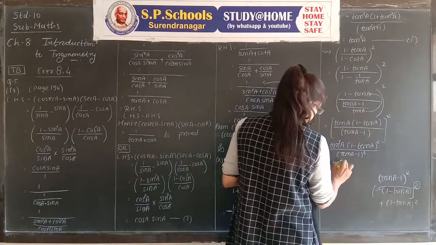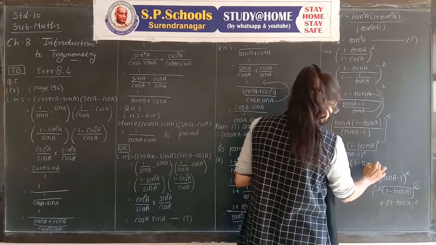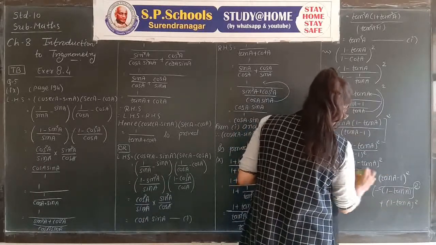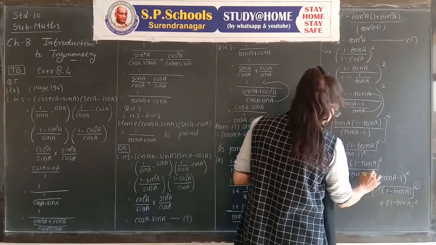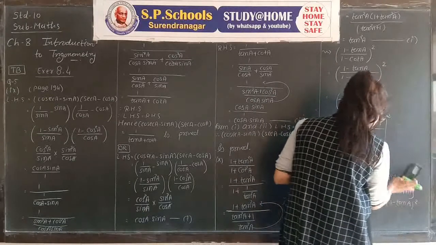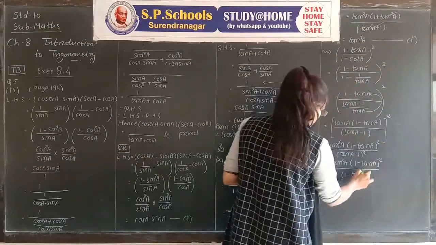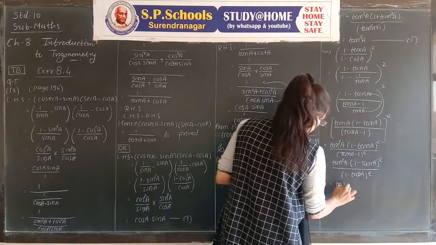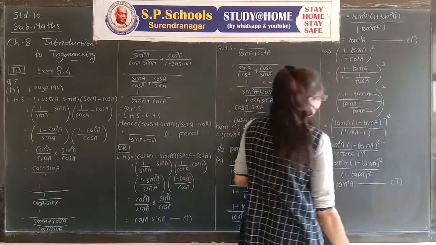So tan square A into bracket (1 minus tan A) square upon (1 minus tan A) whole square. Both brackets are equal, cut it and we get only tan square A. It is our result number 2. What happened?